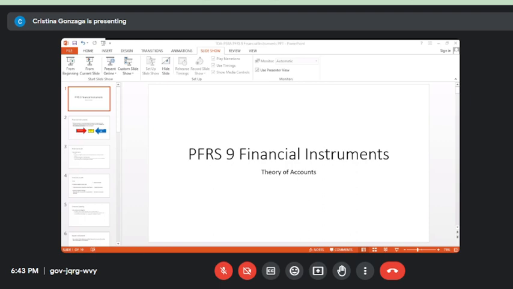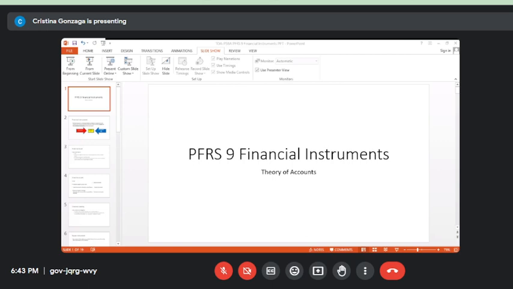It is an acronym, meaning solely payments of principal and interest. May S dito, I just typed, S is missing. Solely payments of principal and interest. Kaya ang SPPI kasi napakataba naman ng term. Okay? Or it is known as the cash flow characteristic test.